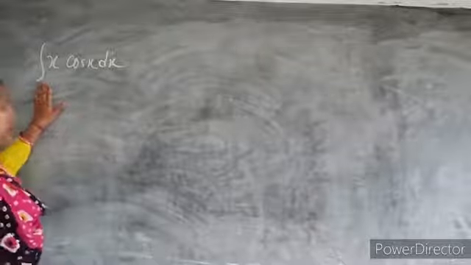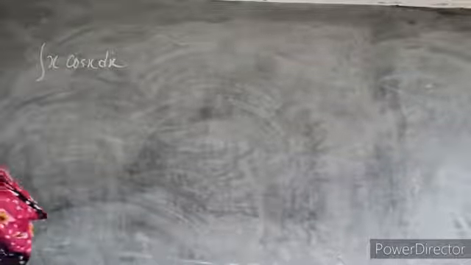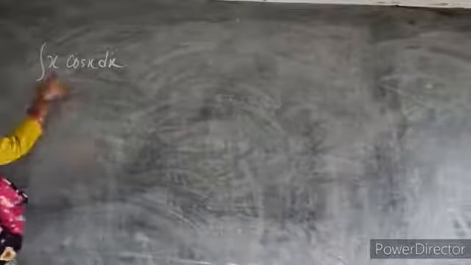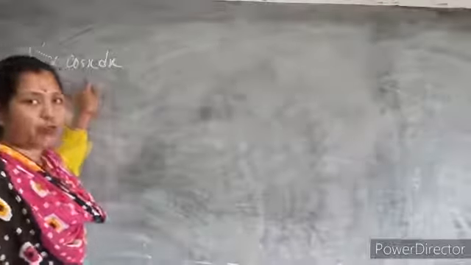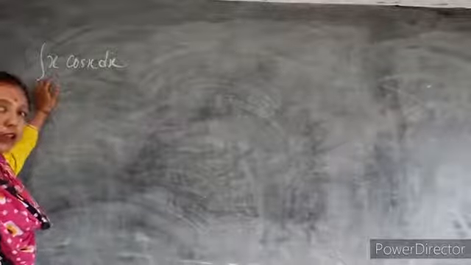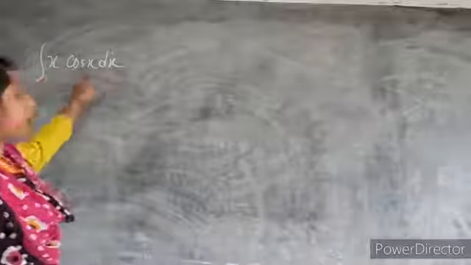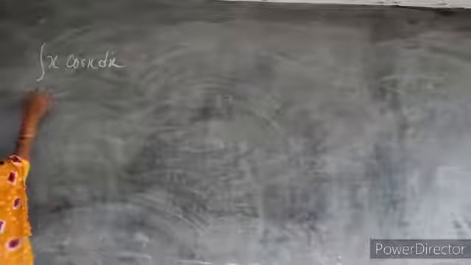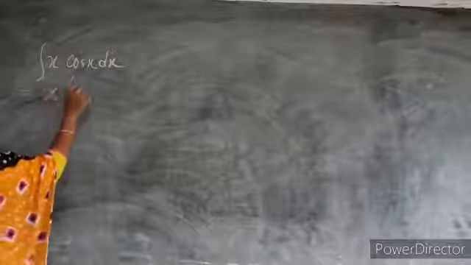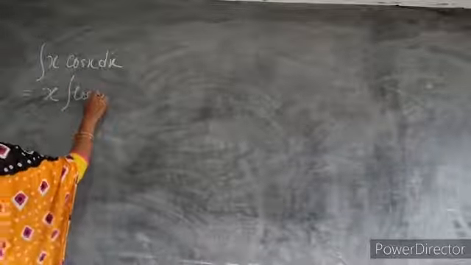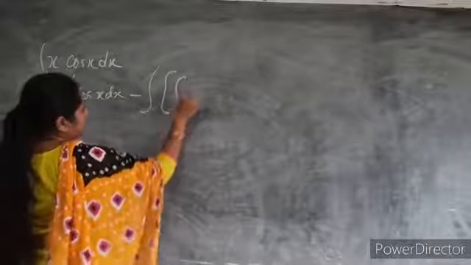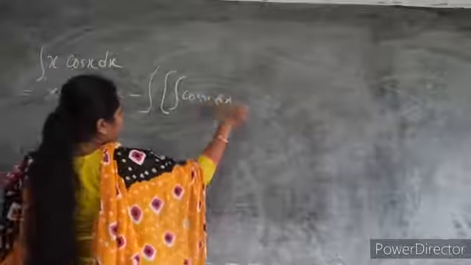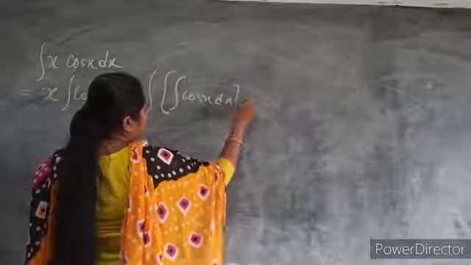So let us take this example, integration x into cos x dx. According to the Euler rule, x is algebraic and cos x is trigonometric. So the first preference, f of x, we take as x and g of x as cos x. According to our formula, f of x integration of g of x minus integration of g of x into f dash x dx.